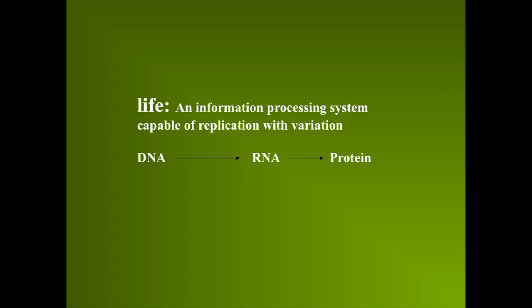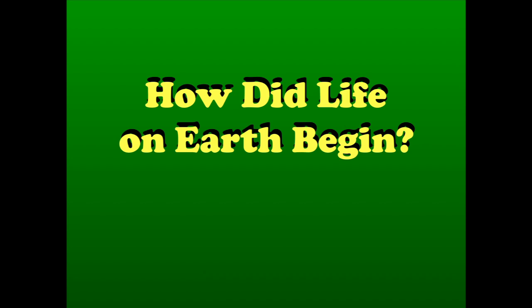The information processing system in life uses the molecule DNA, and its information is then transferred to an intermediate molecule called RNA, which is then further processed into another language of proteins. And it's this interaction and this communication through which life itself functions.